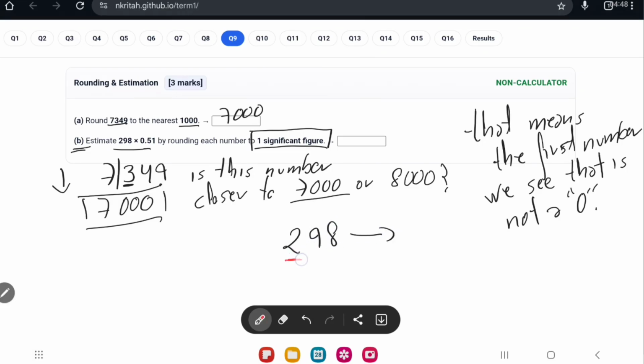For example, on 298, the first number that I see is the 2. Because I'm rounding, the number after will tell me if I'm rounding up or I'm rounding down. Because it's a 9, I'm gonna be rounding up. So 298 is gonna be basically, how much you reckon?